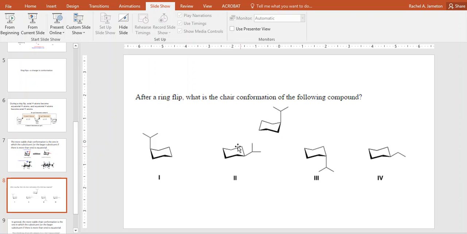It would be up, and that would be the more stable conformation, and that's conformation number 2. Number 3 you would probably get just by flipping the molecule over, right? And 1 you would get by turning it around. 4 is a completely different molecule, so that's not a conformation.